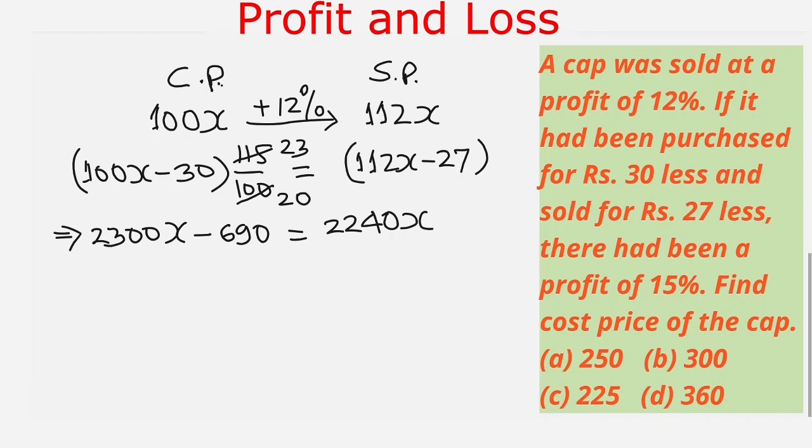That comes out to be 2240x minus 20 multiplied by 27 gives us 540.